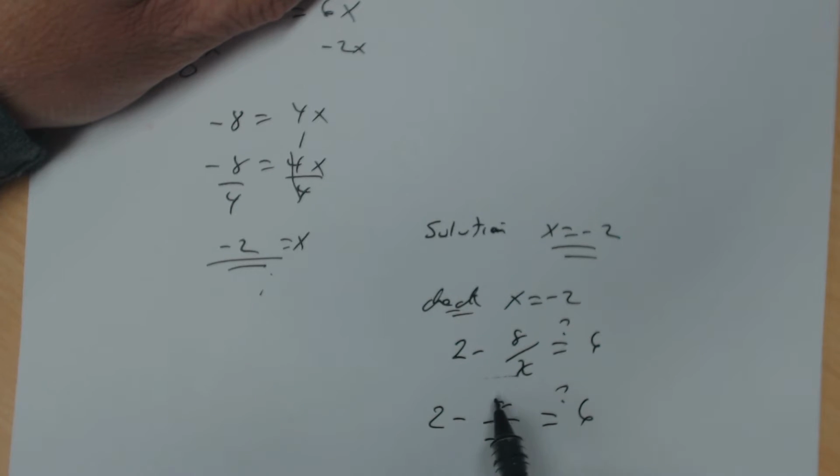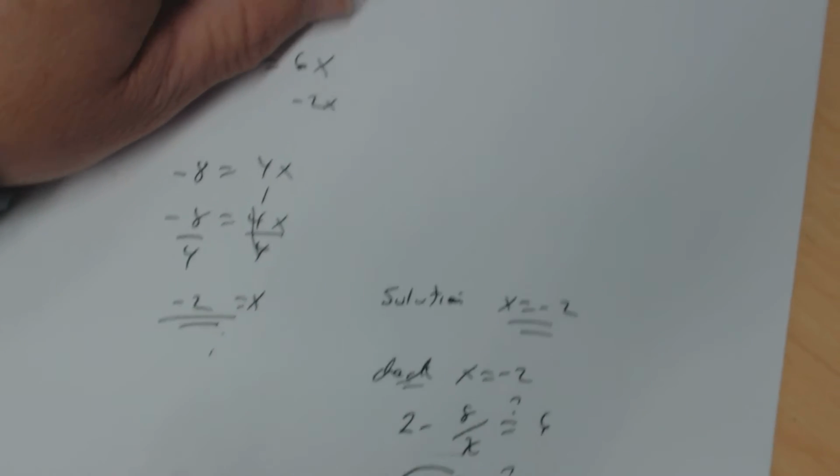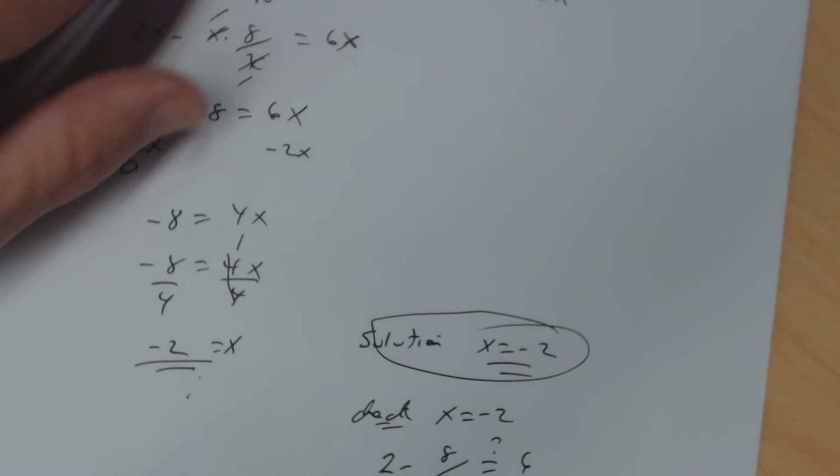Look at this little part right here. You can think of subtraction as adding the opposite. Remember that? So this is really negative 8 divided by negative 2, which is a positive 4. So 2 plus 4 is equal to 6. And yes, it is. So negative 2 is a solution. That's your solution.